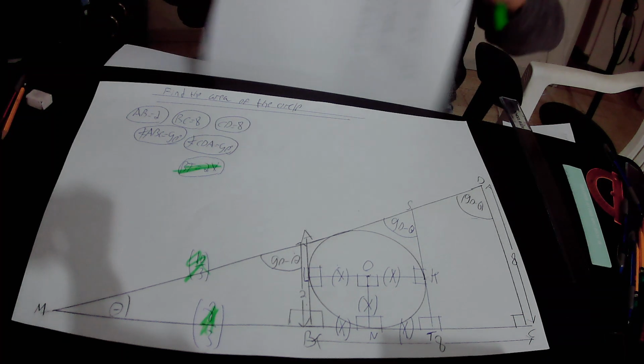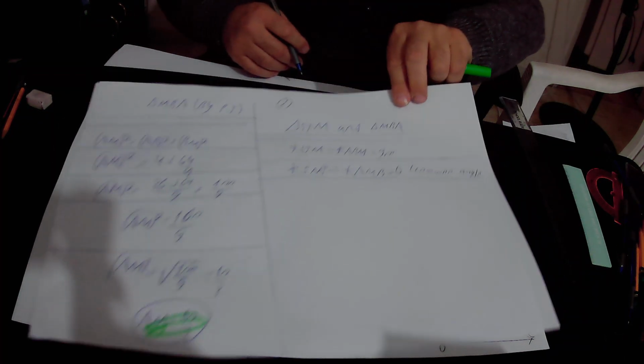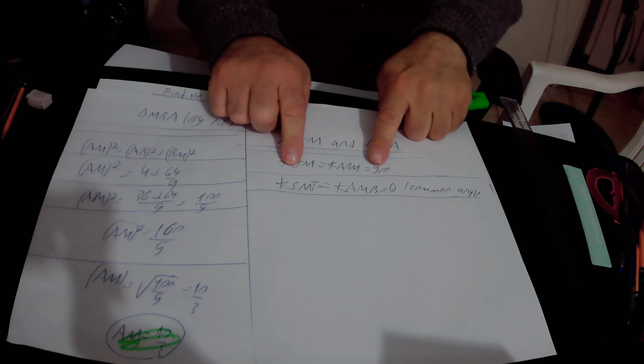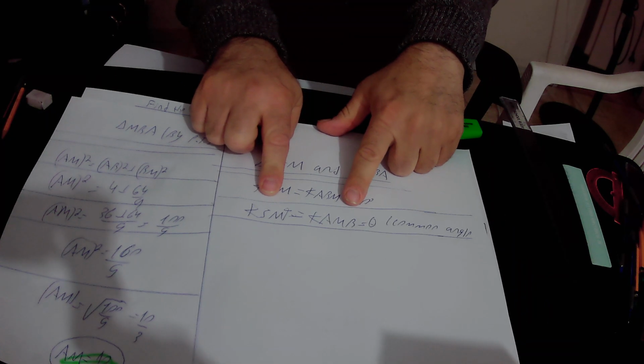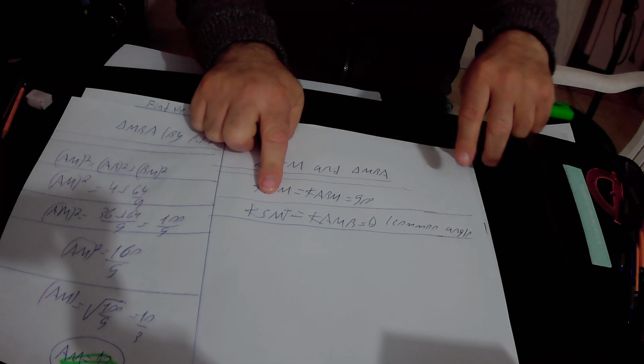This equation means that angle theta equals itself. We just called angle theta two different names.